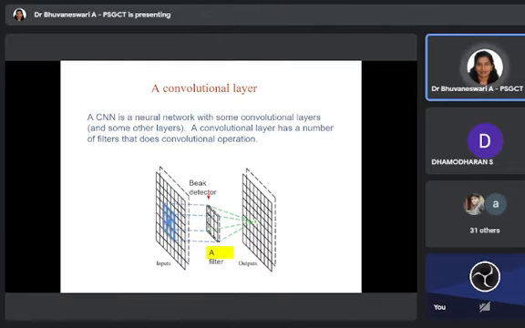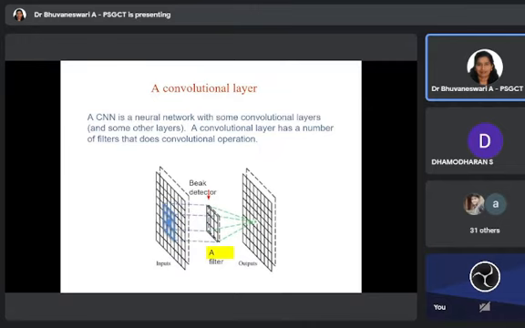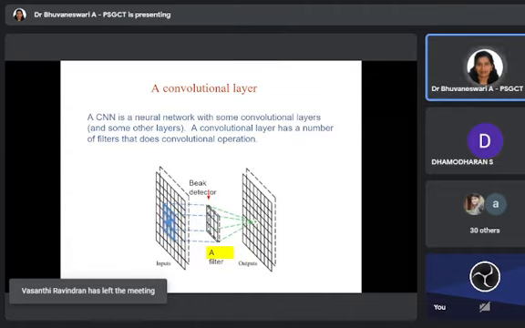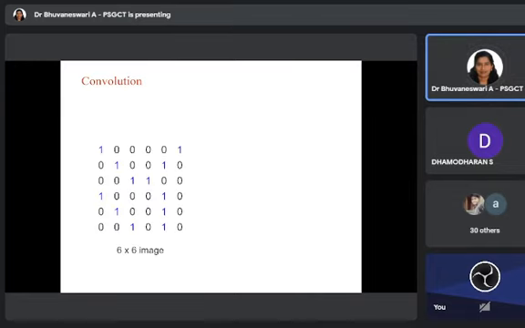You can have any number of filters depending upon the image, and perform the task. So dividing the main frame into smaller frames is what you call the convolution process. In the convolution network, you have the convolution process.